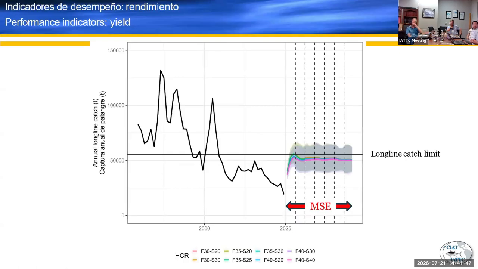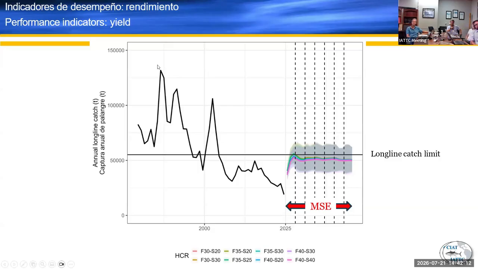So this gives you an idea of what the catch will be in the longline fishery. And so this is time along the bottom in years. This is the current, like 2004, I guess, was when the time of the last period in the MSE. And this is the forward projections of the MSE, with the lines being the management cycles.